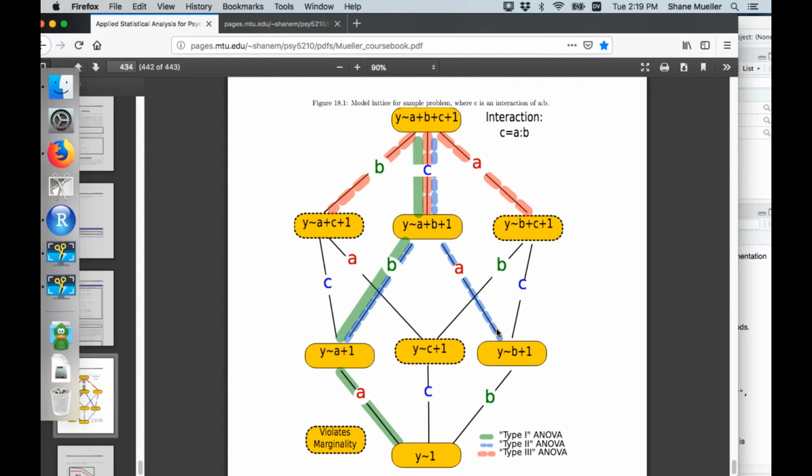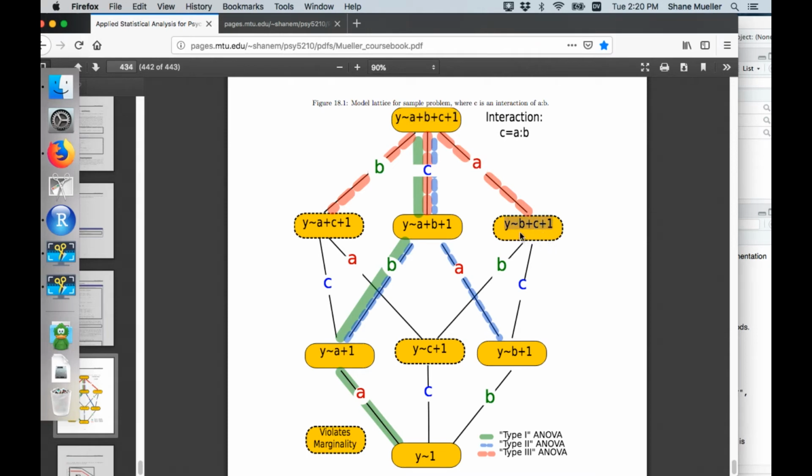And then if you want to test the interaction, you test the model with A and B to the model with A, B, and the interaction. So that makes sense. This is a reasonable thing to do, to test the main effects against one another and then the interaction. Although there's another reasonable thing to do, which is, to test A, I want to test the model with A, B, and the interaction, and compare it to the model with just B and the interaction.